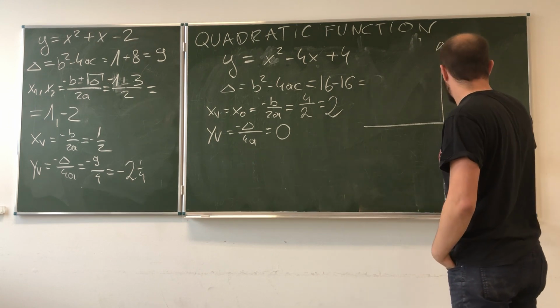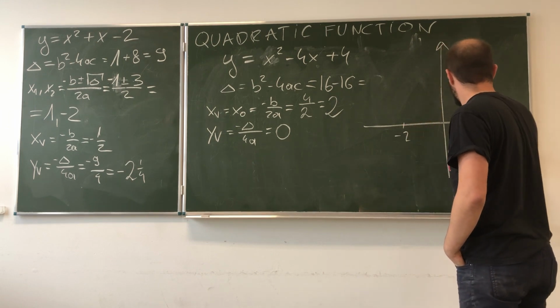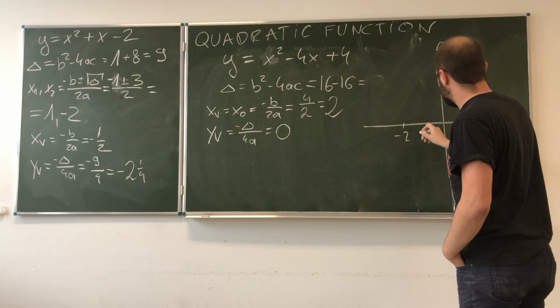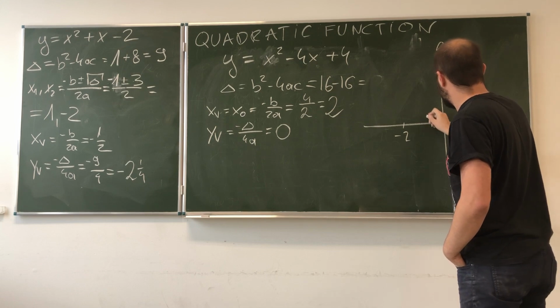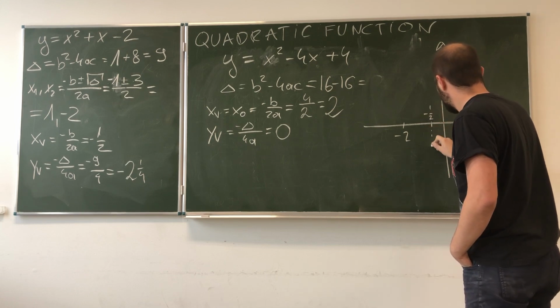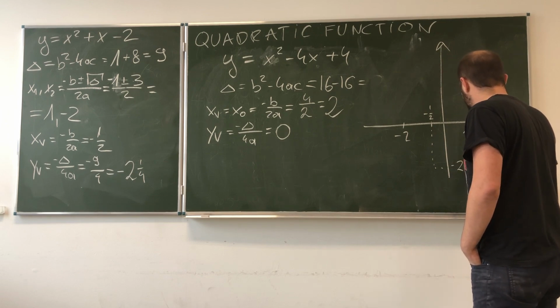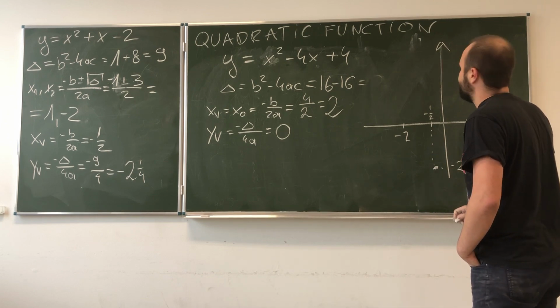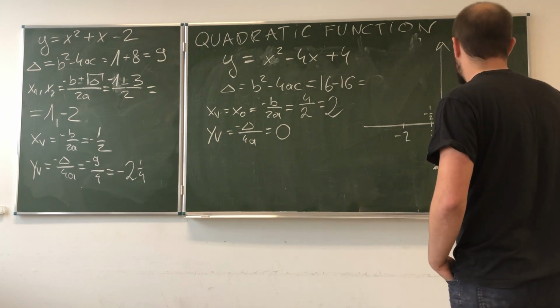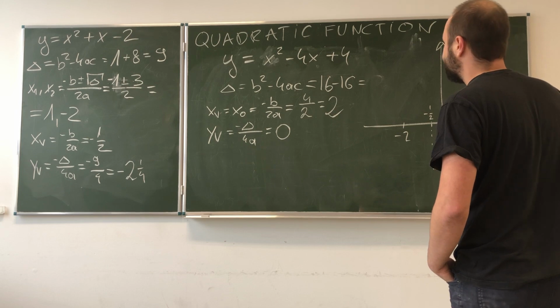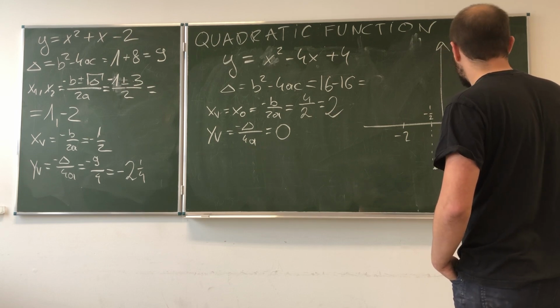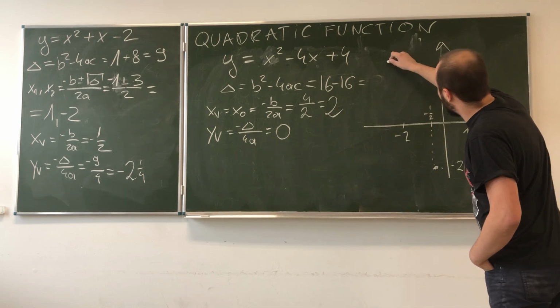I'm going to start with negative 2, 1, and here I'm going to put negative 1 over 2, and negative 2 and 1/4. All I gotta do now is to connect all the points.